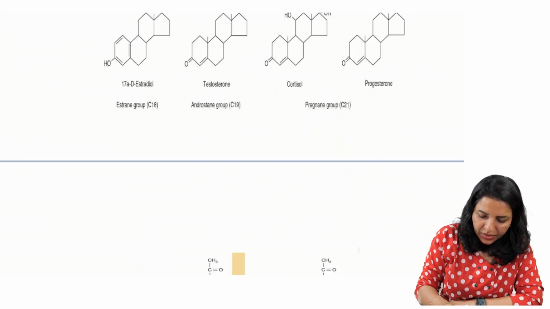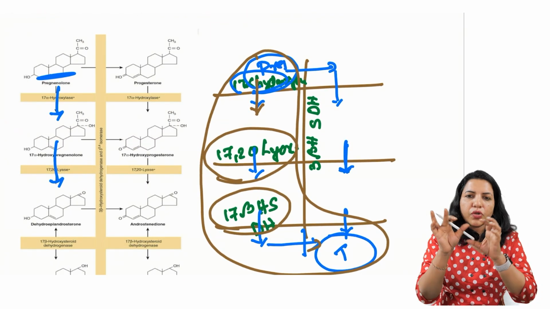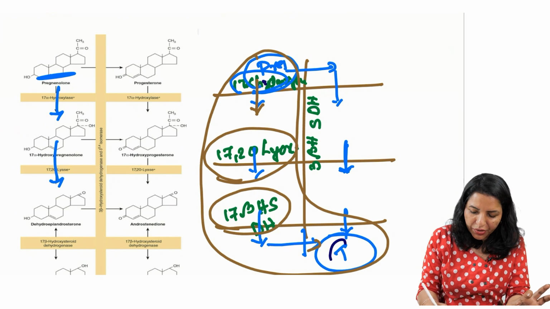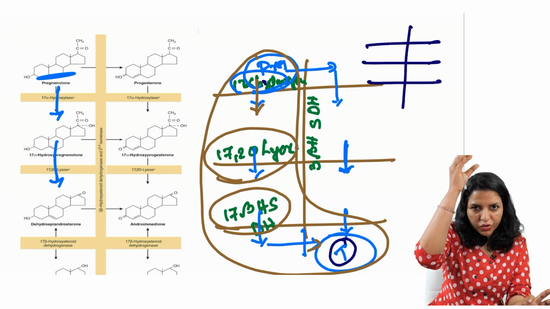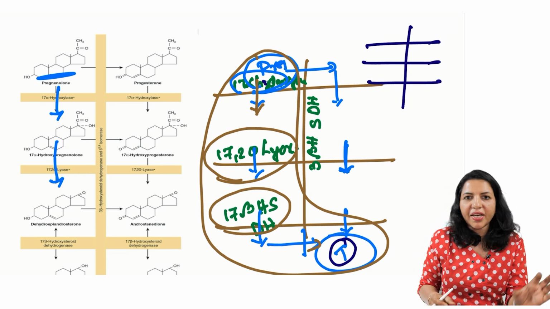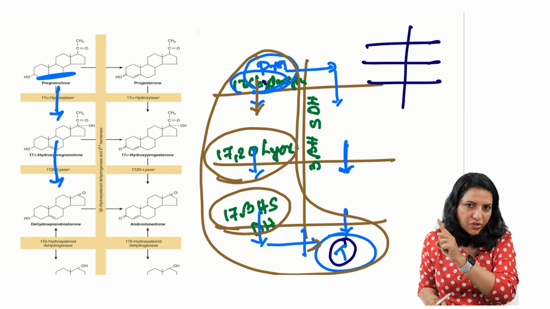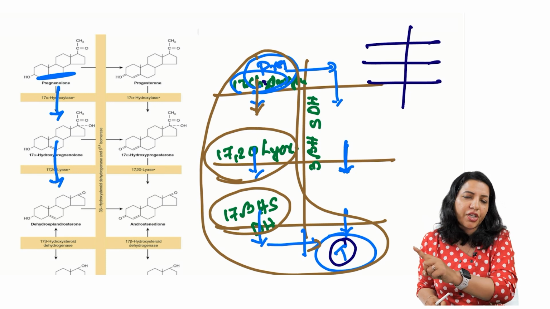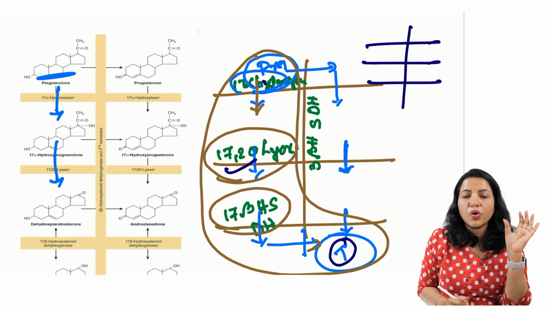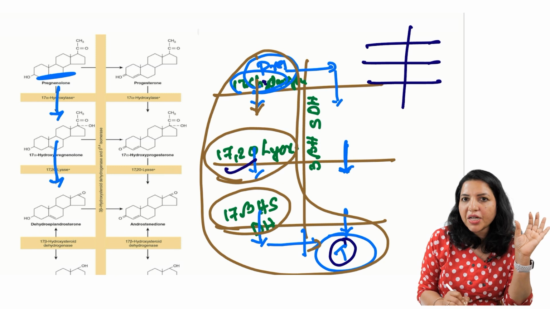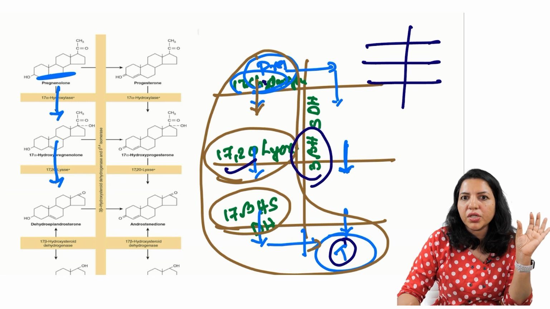So just to learn this one which I have taught you, you have to keep pregnenolone here and you have to reach testosterone. So for that you just draw one vertical line and 3 horizontal lines. The first horizontal line is 17-alpha hydroxylase. The second line is 17,20 lyase, and the third horizontal line is the 17-beta hydroxysteroid dehydrogenase, and this is the 3-beta hydroxysteroid dehydrogenase.